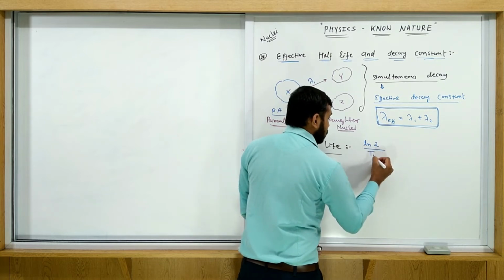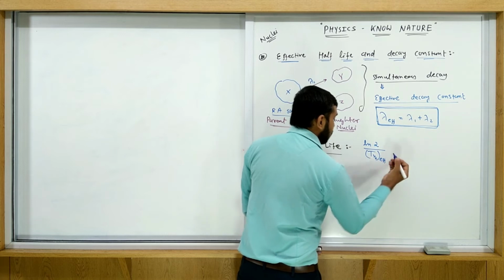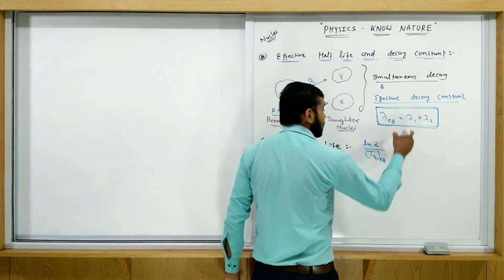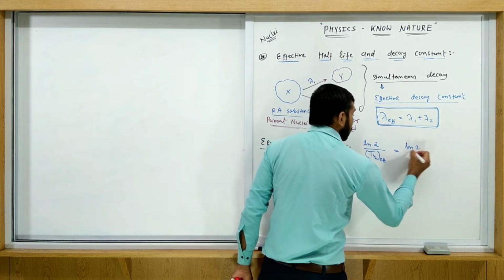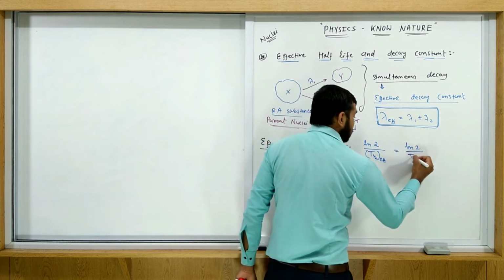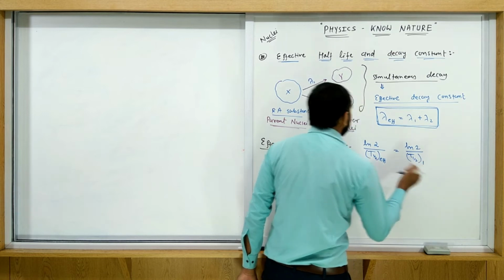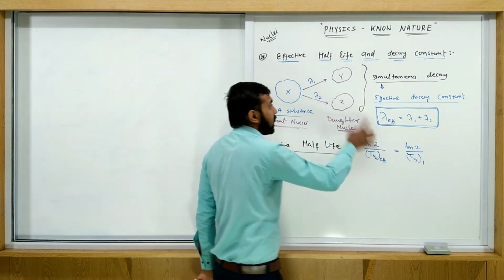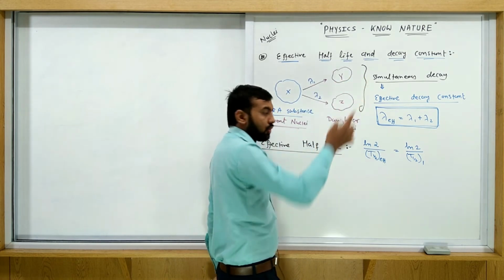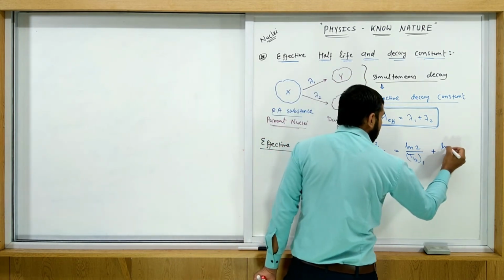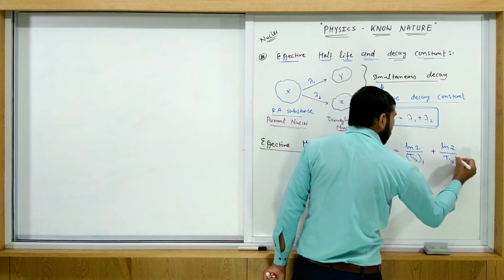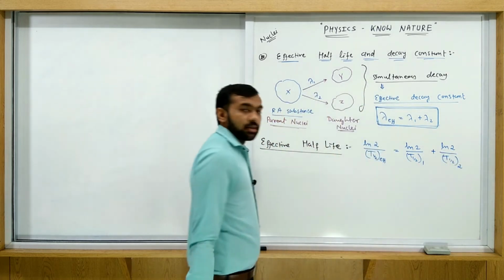So T1 half effective is equal to ln2 upon lambda 1, which means the half-life of the first substance, x to y, plus ln2 upon lambda 2, which means ln2 upon T1 half of the second substance.